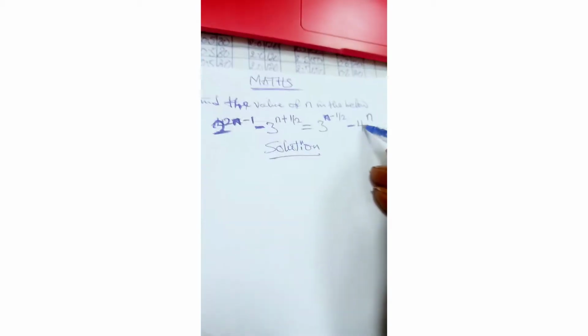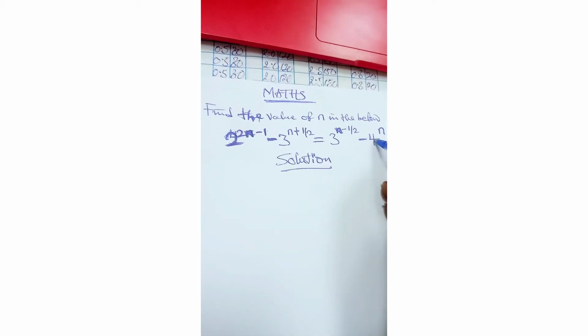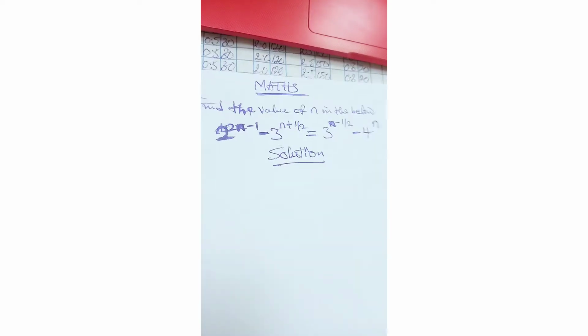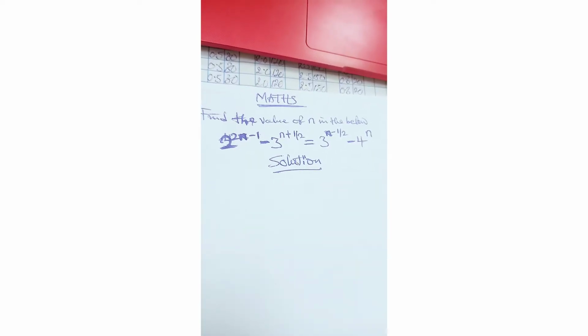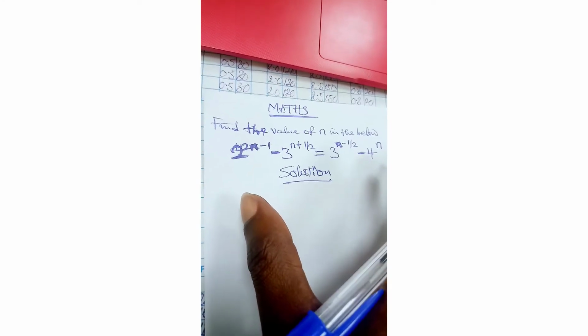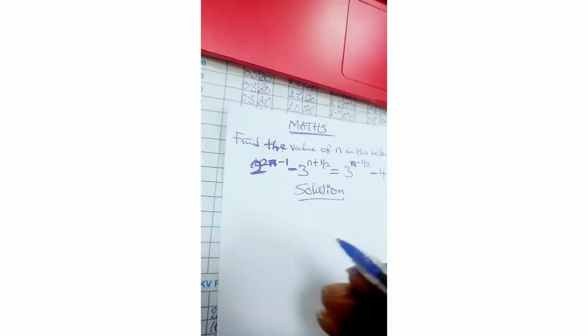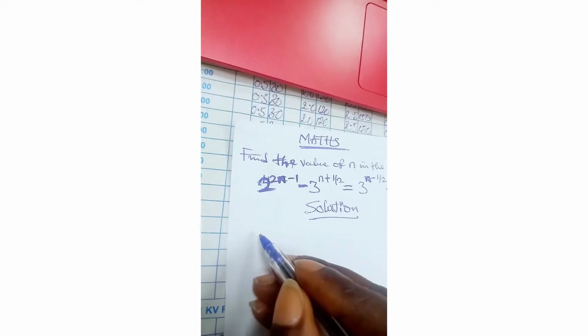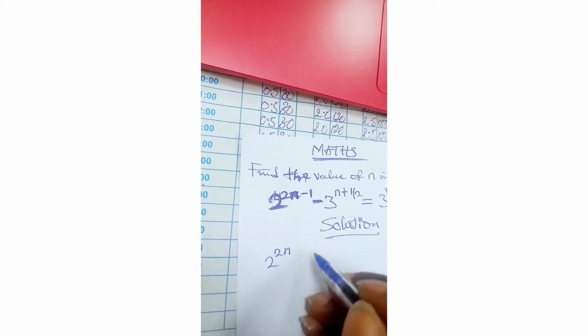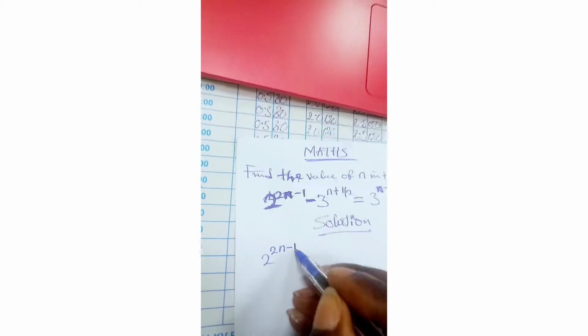If you look at this one too, it can be expressed in base 2. That is, it will be 2 raised to power 2n. So let's take those with the same base together. That means we are going to have 2 raised to power 2n minus 1.